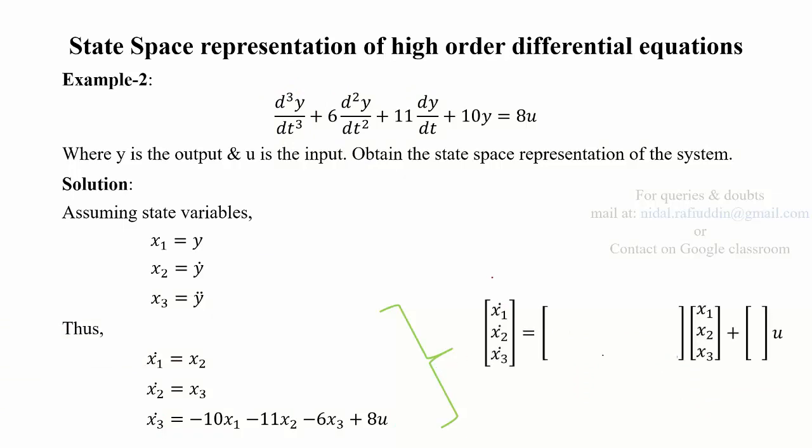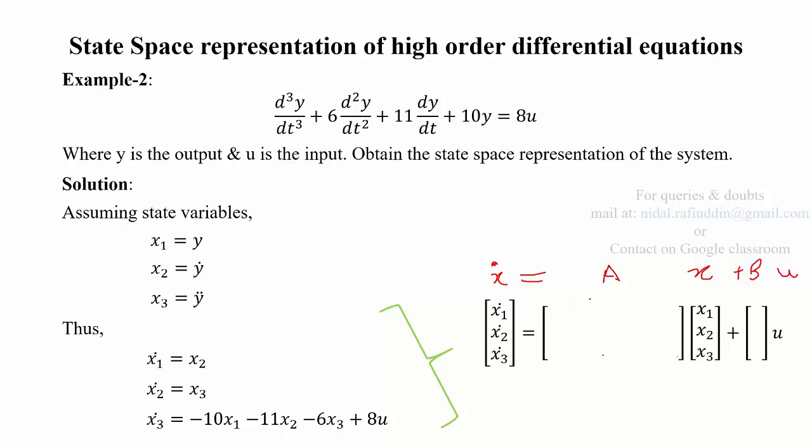This corresponds to x dot equal to A times x plus B times u, which is input. This is the relation that we were required to obtain, and now we are going to populate the matrices corresponding to A and B using these three equations.